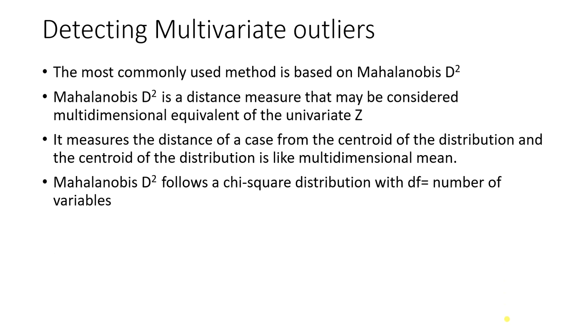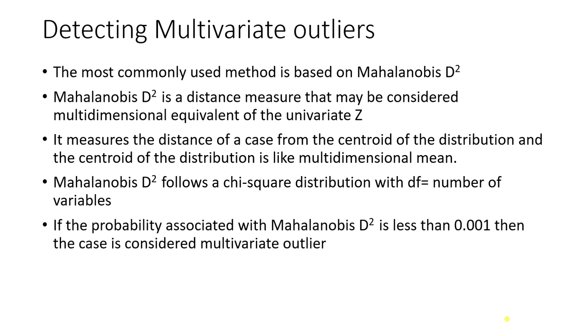And it has been reported that Mahalanobis D square follows a chi-square distribution, and the DF is the number of variables that we use for doing the multivariate analysis.